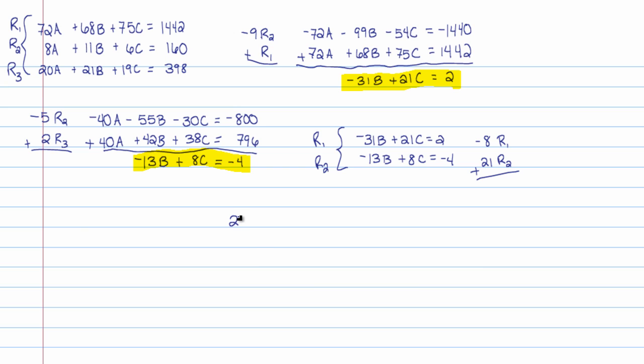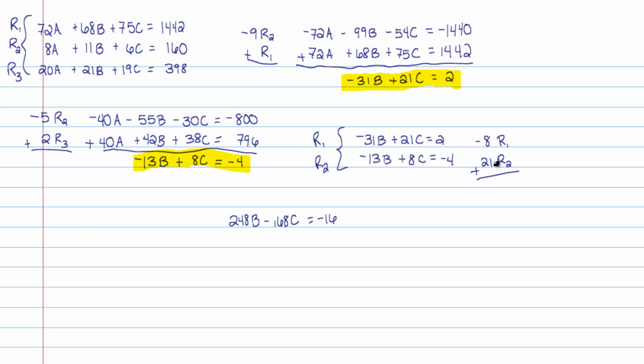Should be a 248b minus, let's see, 168c is equal to a negative 16. So that's me just multiplying row 1 by a negative 8.